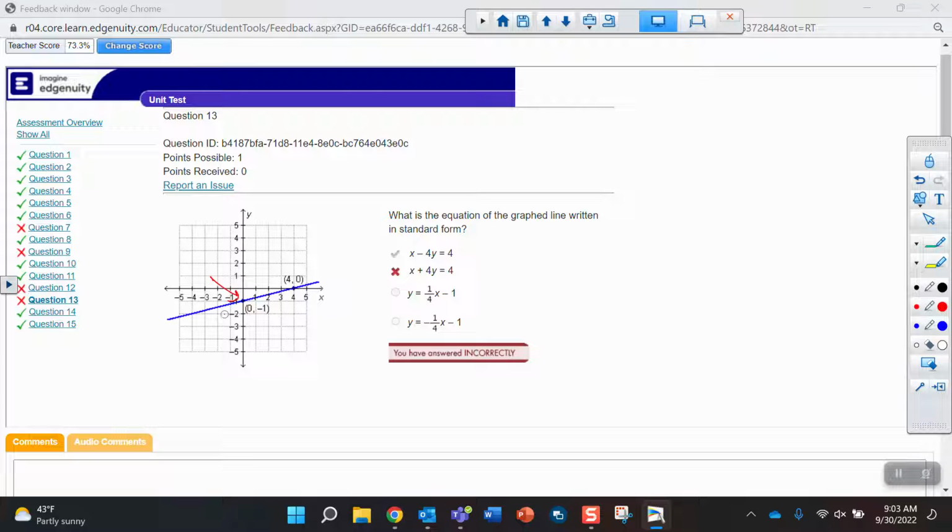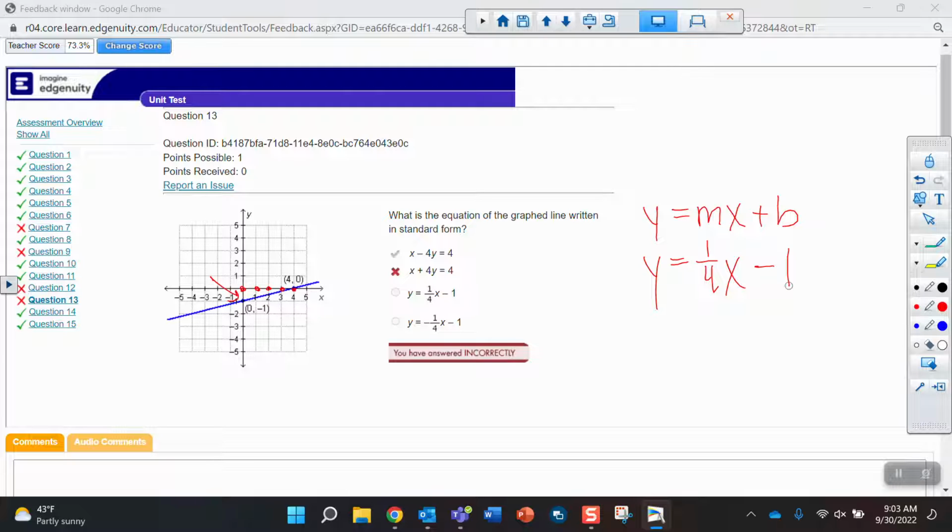Let's write it in slope-intercept form first. That's y equals mx plus b. My slope, if I count, up 1 over 1, 2, 3, 4, is positive 1/4. And the y-intercept is -1. So 1/4 x minus 1.